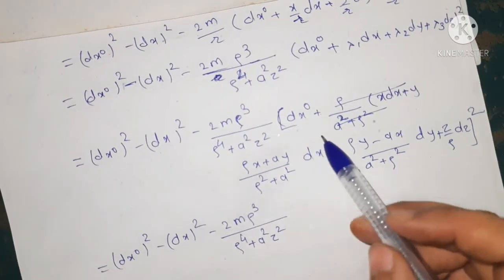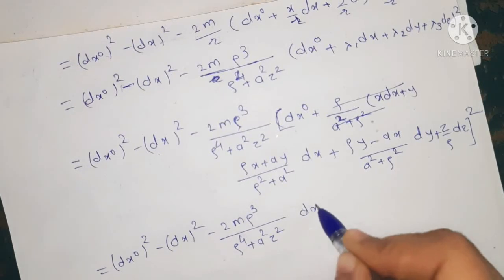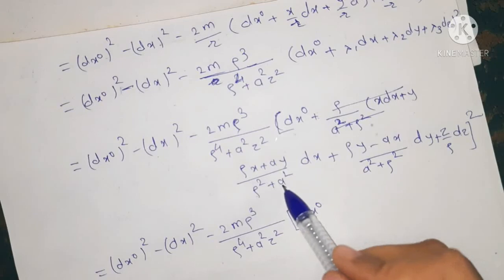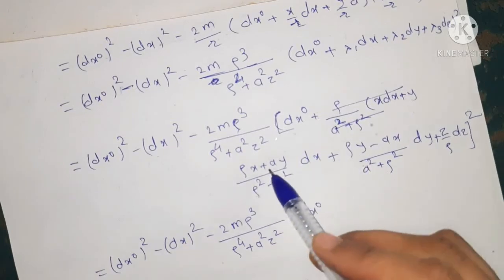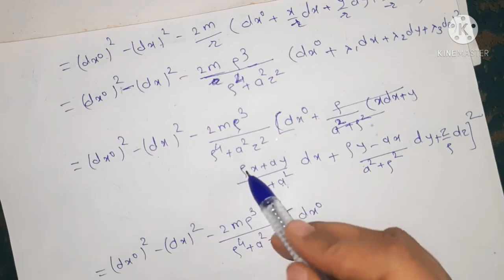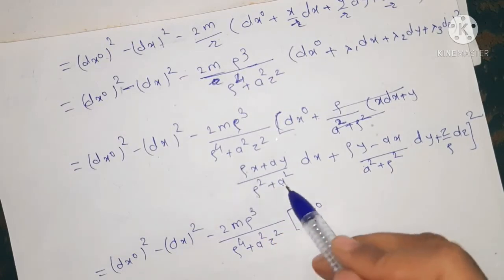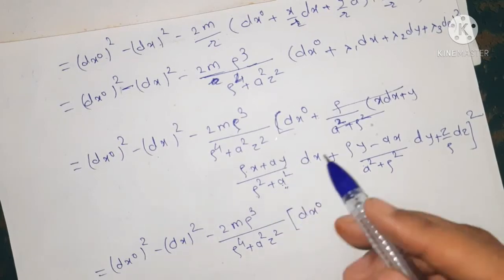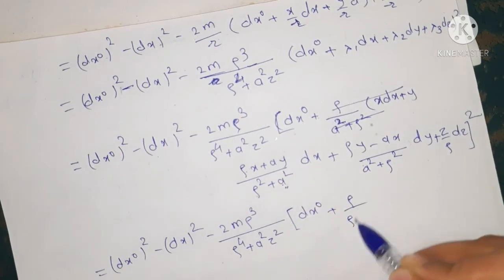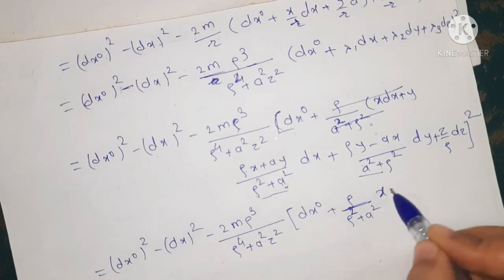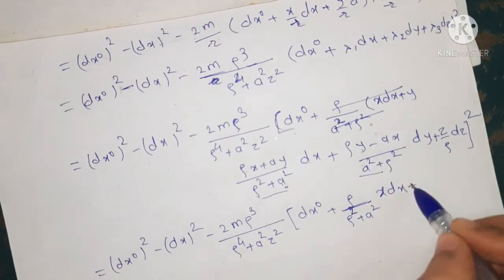Now this dx0 will be as it is. We can take the term rho upon rho square plus a square common, and the term a upon rho square plus a square, that is, we separate this numerator rho x upon rho square plus a square and ay upon rho square plus a square. Taking rho upon rho square plus a square common from these two terms, we have x dx and y dy.